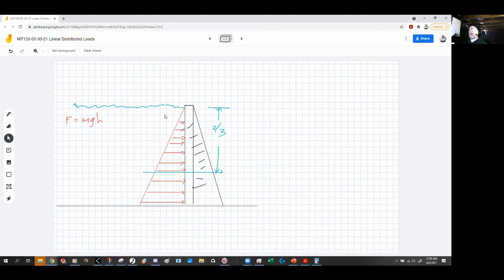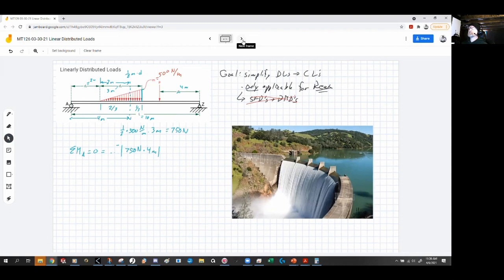So as you get further and further down, that height becomes greater and greater, and so it's linear: double the height, double the force. So we get more and more force as we go down. So that is just one, probably the most common, but just one of many applications of a linearly distributed load.